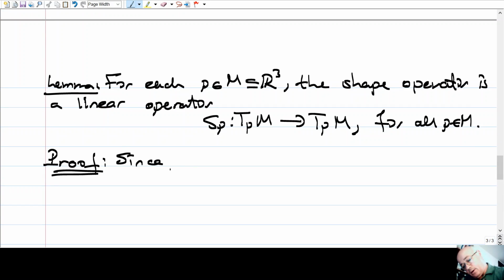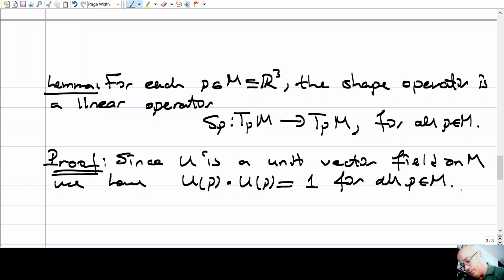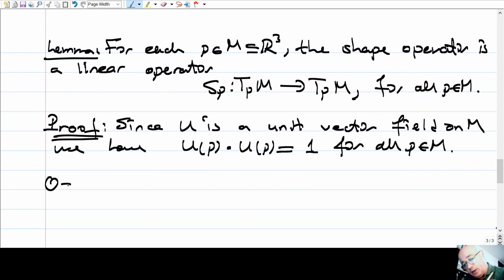Since U is a unit vector field on M, we have U_P dot U_P, the dot product of this vector with itself, is 1 for all P in M. So its derivative along any vector will be just 0 because it's constant.